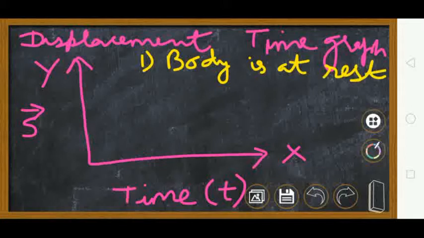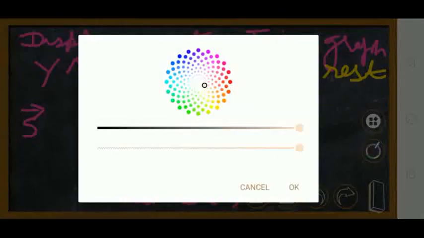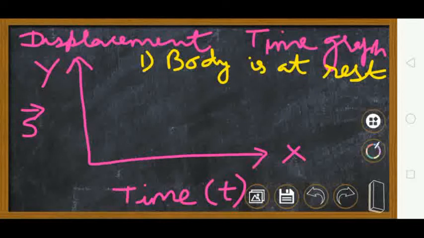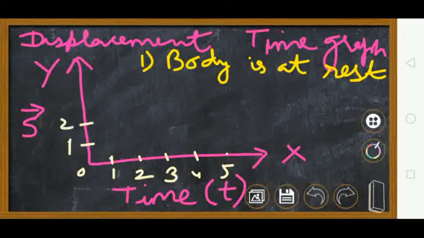Now we will do the markings on the graph. Say this will be 0, this will be 1, 2, 3, 4 and this is 5. Same way here also you have 1, 2, 3, 4.